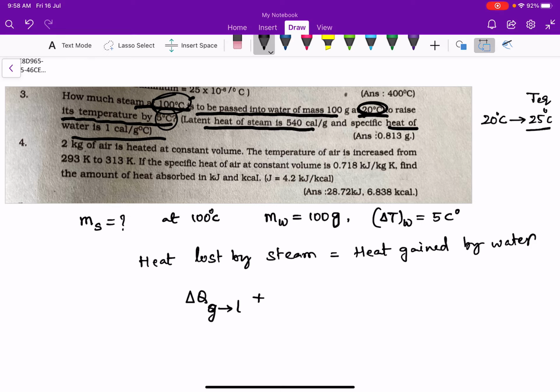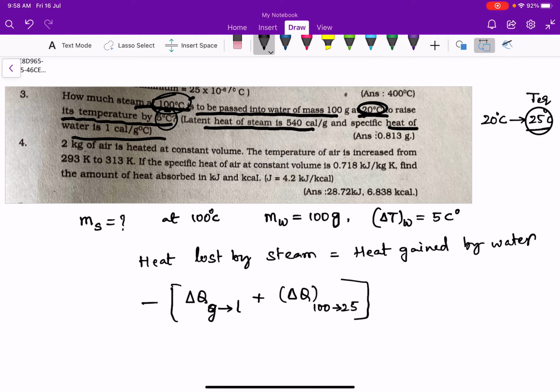Again that water reaches a temperature of 25 degrees Celsius. So the heat lost by water whenever the temperature decreases from 100 degrees Celsius to 25 degrees Celsius is equal to m s delta T. This is the heat lost by steam.